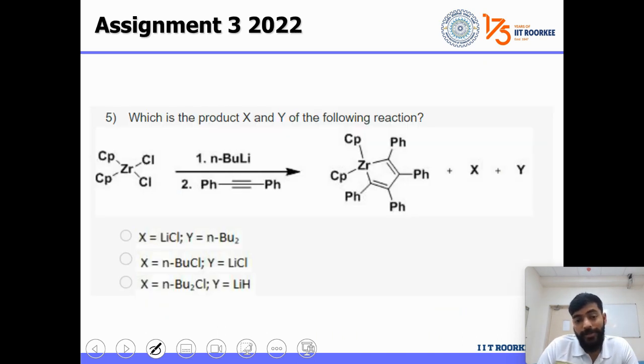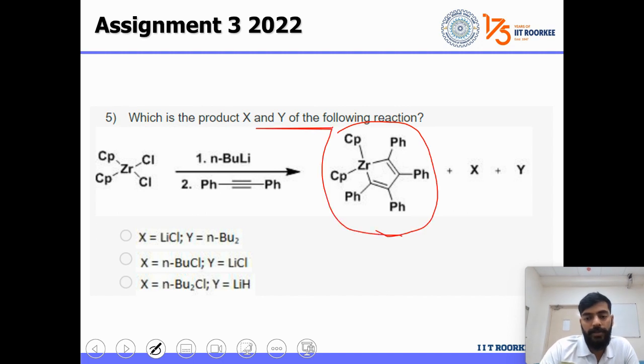Question number 5. This is an interesting question. Which is the product X and Y of the following reactions? You need to tell what is X, what is Y. That means you need to know the mechanism of this reaction, how it is occurring. And I have one more question. If I react this compound with iodine, what will happen?